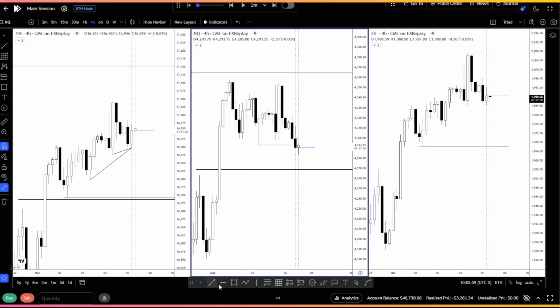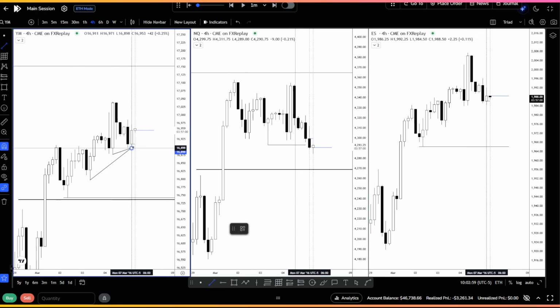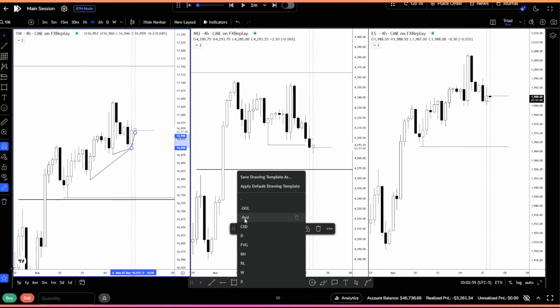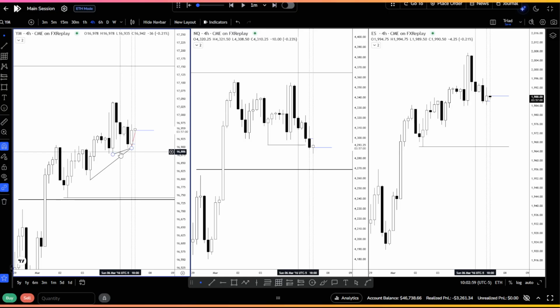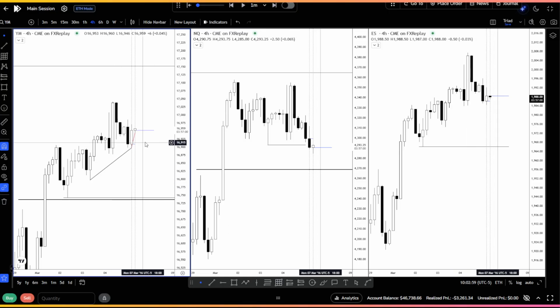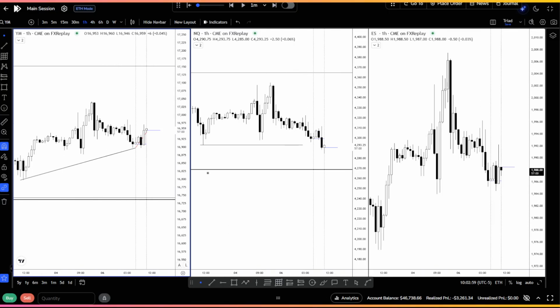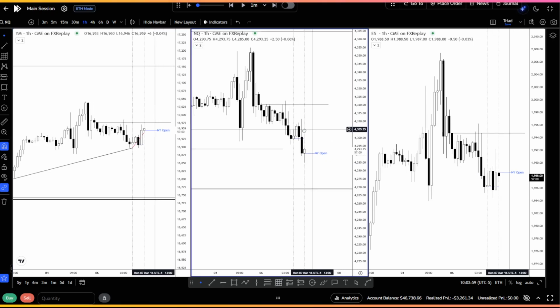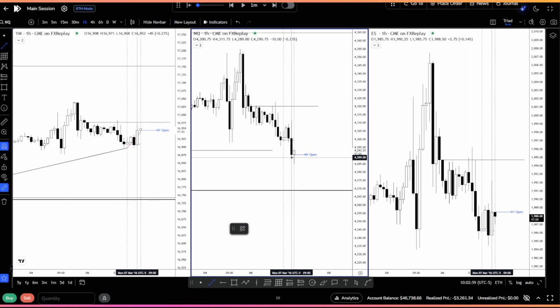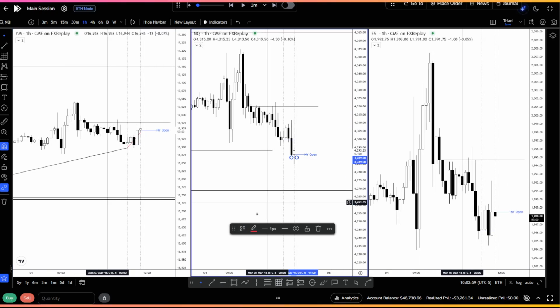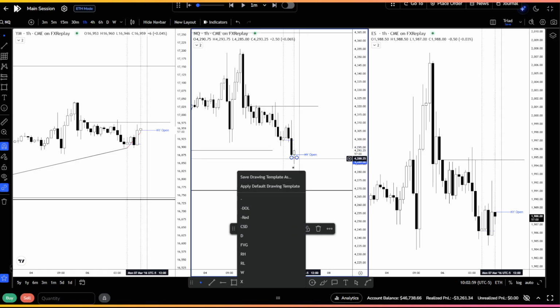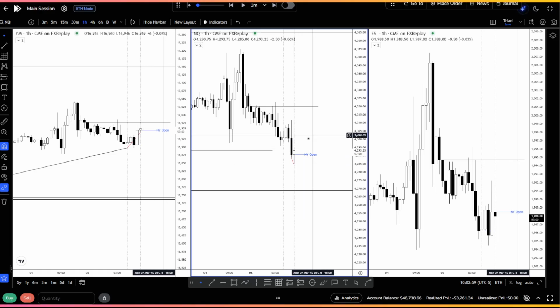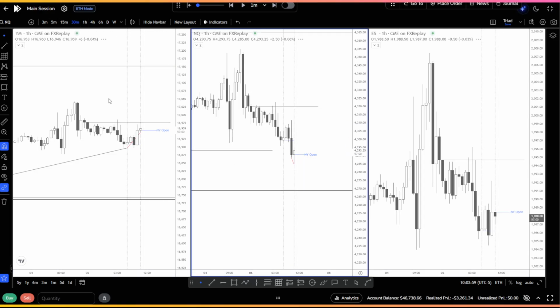So now I can see this as well. Let me just. So this looks good to the upside, although I have to be really cautious. I need this closure at least on 30.